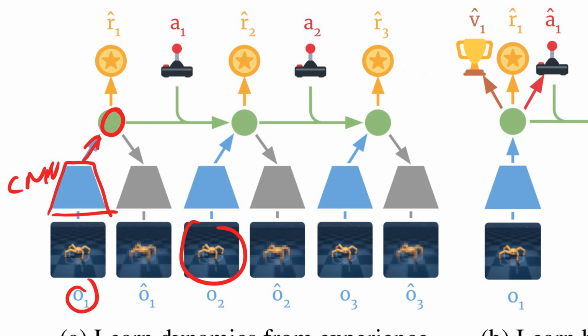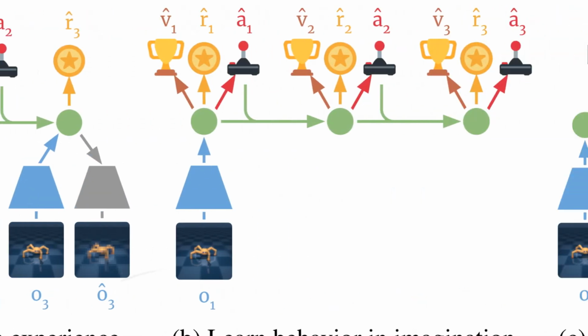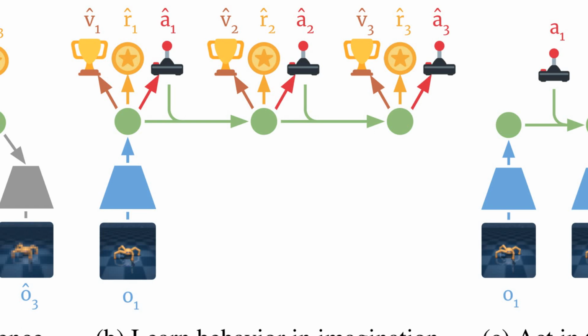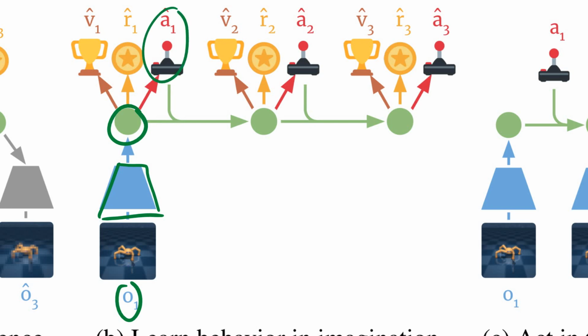This model wants to do this all in hidden space. It wants to say, okay, I am here, I have this observation. Now my encoder tells me that this is going to give me this hidden state. And now it wants to take in the action that it's doing, and without seeing the next observation, it wants to predict it. It wants to say, well, if I am here and I do this action, what might happen?